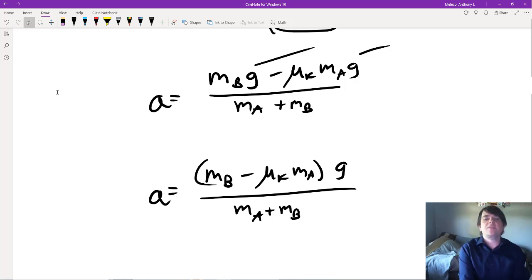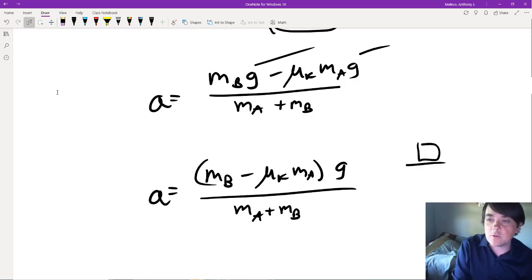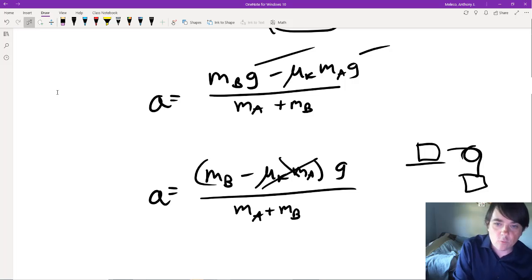And as I was saying before, this is the exact same solution that we got for the regular Atwood's table without friction, only we didn't have this friction component, and notice it's minus that.